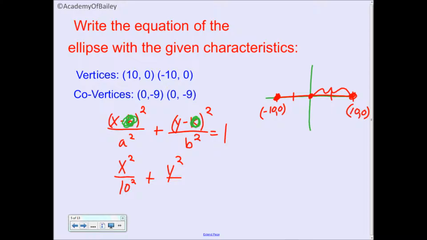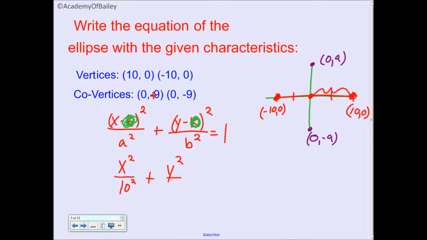And then b squared is from the center to the co-vertex. And if we know that the co-vertex is supposed to be positive and negative 9, I don't know if you noticed that, but I changed that one to a plus. So then this is 0, negative 9, and this here is 0, 9.